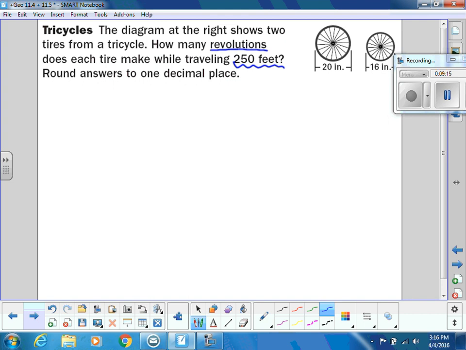So if I think about if this is rolling on the ground, that's like that wheel in the beginning of the lesson that was rotating. How much would that trace out? So we're really talking about circumference, right? 1 circumference is equivalent to 1 revolution.